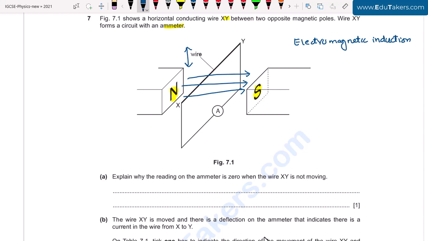So I write here, that's why there is no current in the circuit and ammeter reading will be equal to 0. So I write here no cutting of magnetic lines of force. No cutting of magnetic field lines or magnetic lines of force. Both are same things.